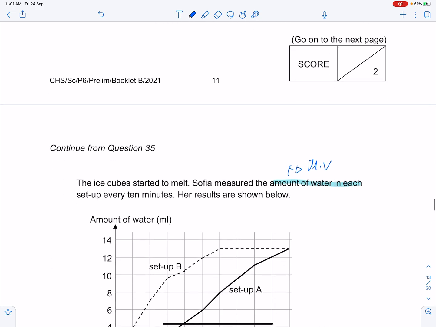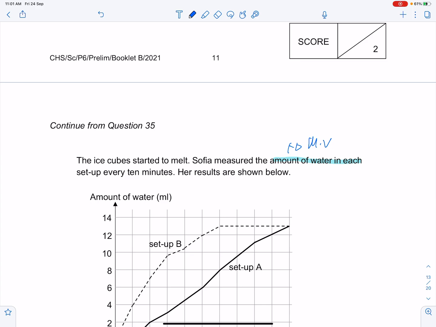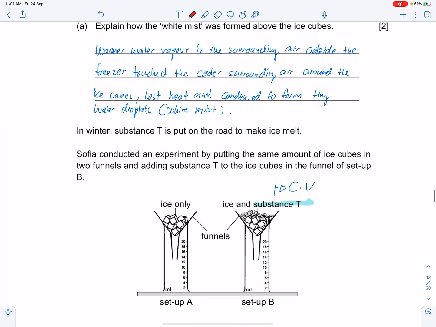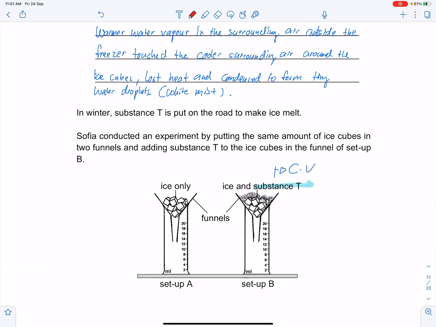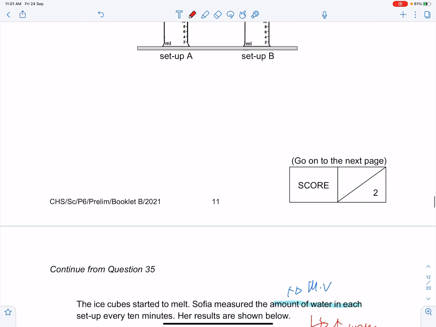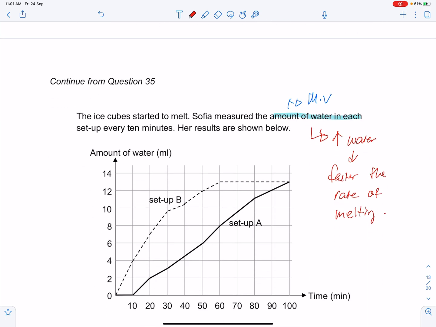Actually, translation needs to be done. Amount of water, guess what it means? The higher the water means the faster the rate of melting. When you think about it, ultimately she wants to find out whether or not substance T is affecting the rate at which your ice cube melts.